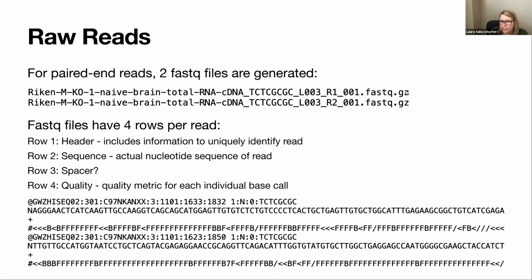The .gz, if you're not familiar with it, just means that they're zipped, which makes them smaller. A FASTQ file below is an example of that. Each file has 4 rows per read. This first row that starts with the @ sign is just giving us identification information for that read.